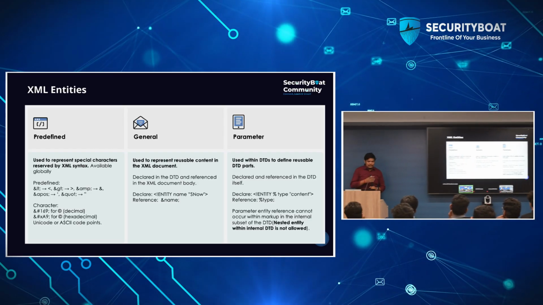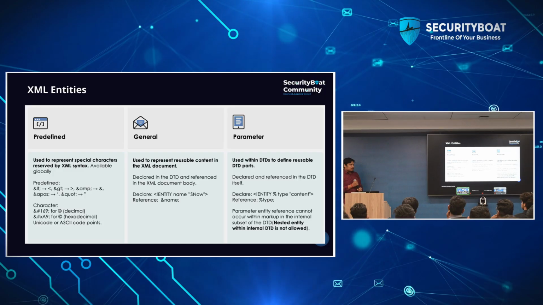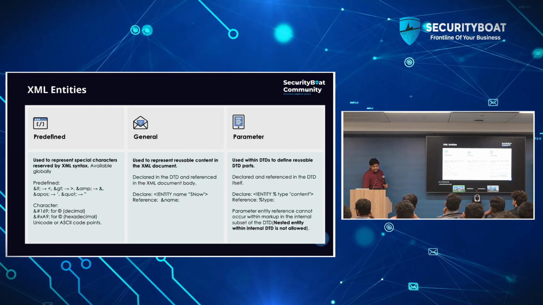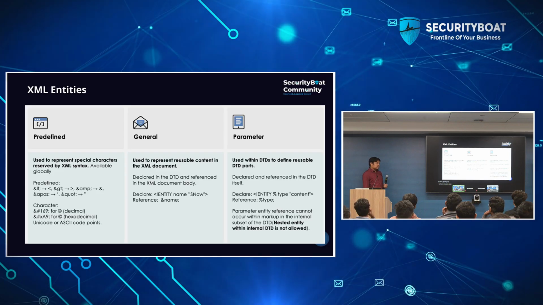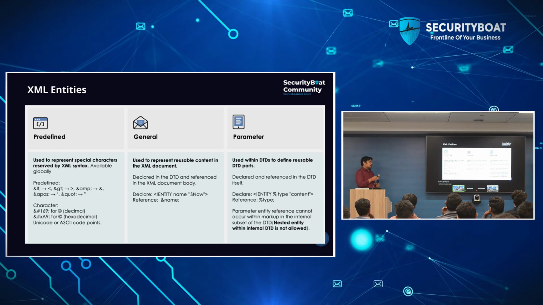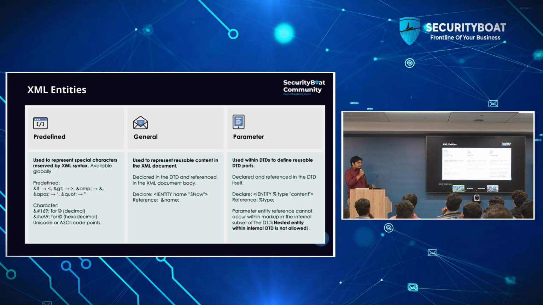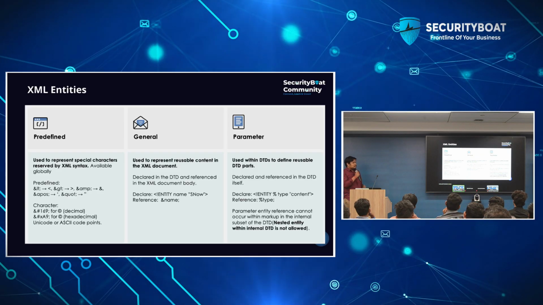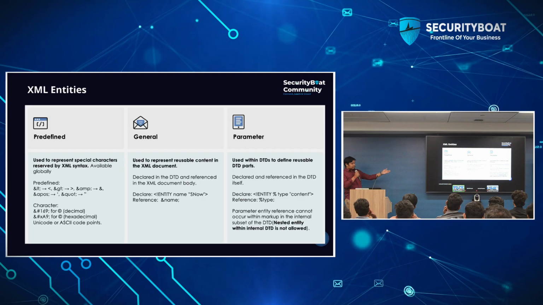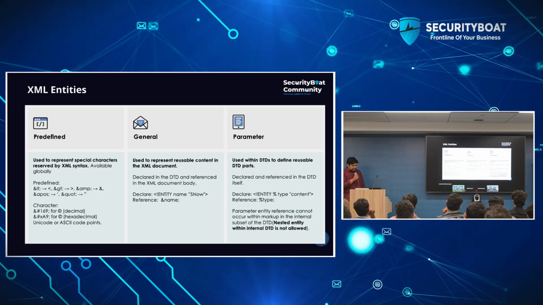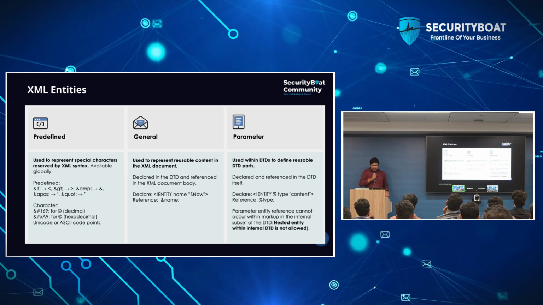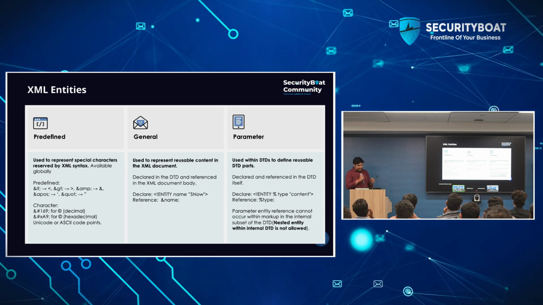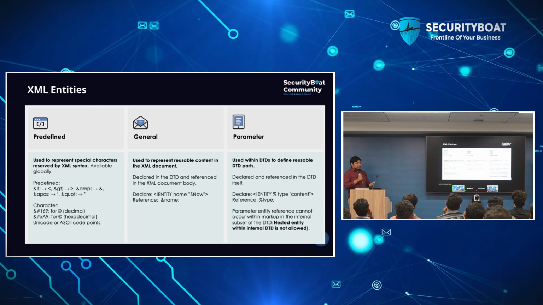It is similar here. The syntax is an ampersand and then a name. In the above XML syntax, you can store some payload in the name, and then you can reuse the same. In a parameter entity, you define some parameters, you pass some values, and you can reuse the same.